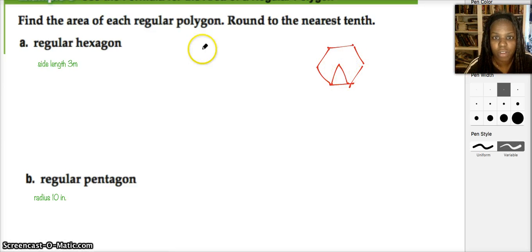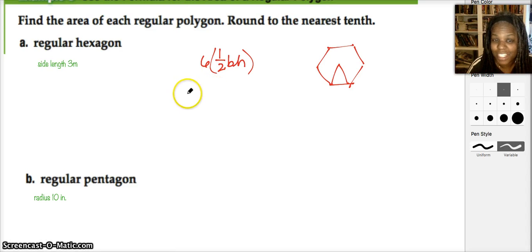And these 6 triangles would have the area of 1/2 base times height, and then I'm going to multiply that by 6. So basically, we're using that formula we just talked about. So 1/2 of the number of sides, 6, times the base times the height. But in this case, the base is going to be the side length, and the height is going to be the apothem. So 1/2 times n times S times A is going to be my answer.